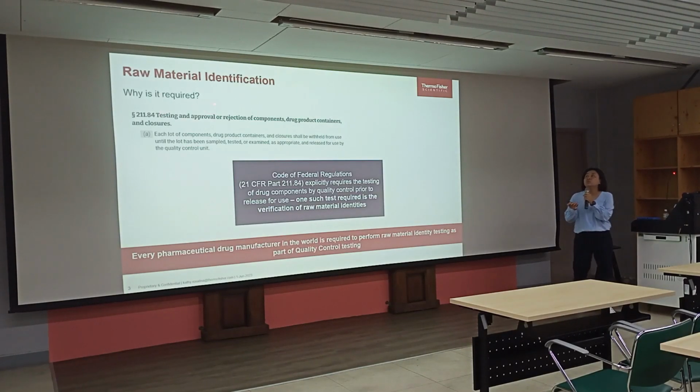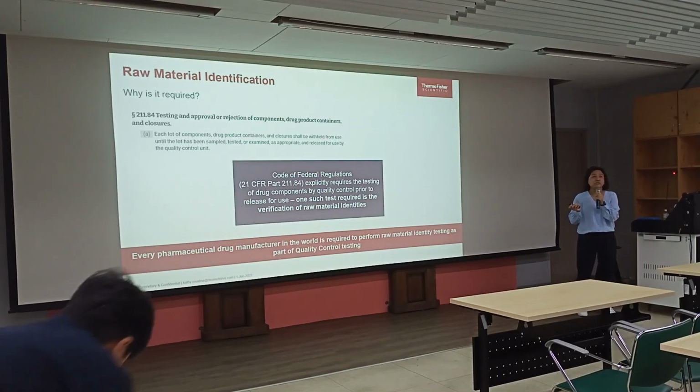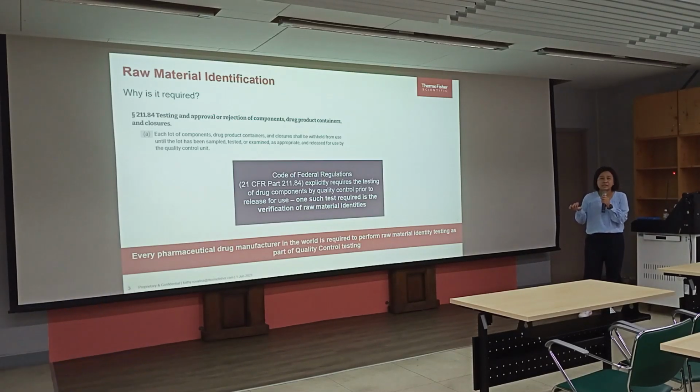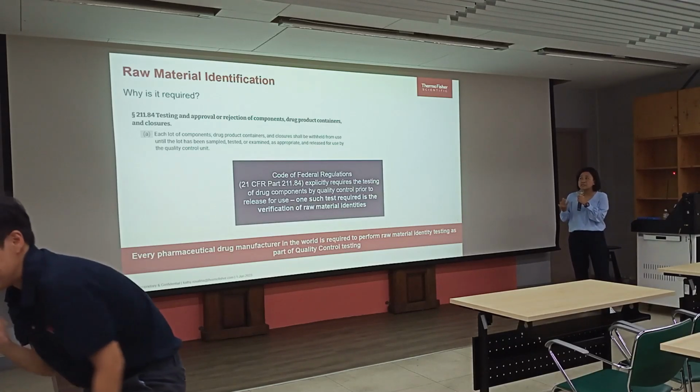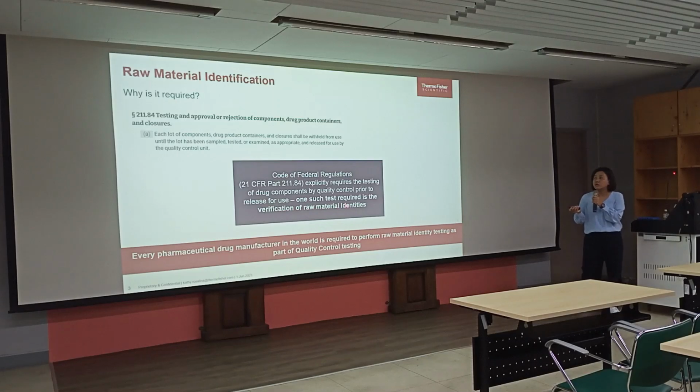Okay, so why is raw material identification required? So why suddenly has handheld instrument become popular in pharmaceuticals or in some on-site industry? This is because of the regulations. Every pharmaceutical company is actually required to perform the raw material identifications as part of the QC test.